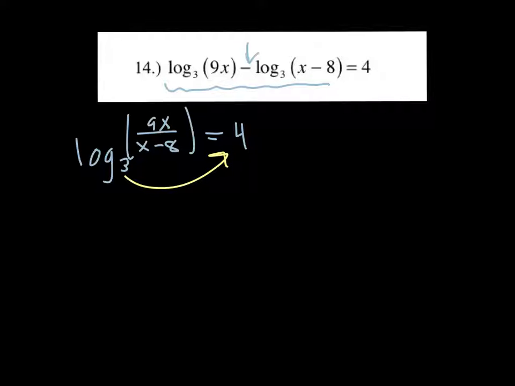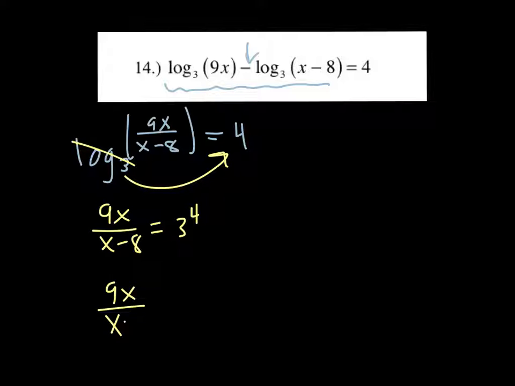So we'll keep the log base 3, and it will become log base 3 of 9x divided by x minus 8 equals 4. So here is where we're going to undo the log. That will now be gone. And we have 9x over x minus 8 equals 3 to the 4th power, which is really 81.